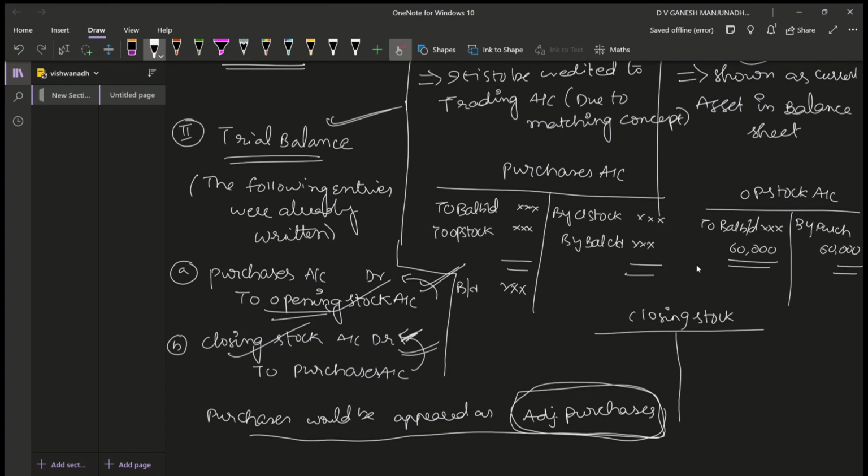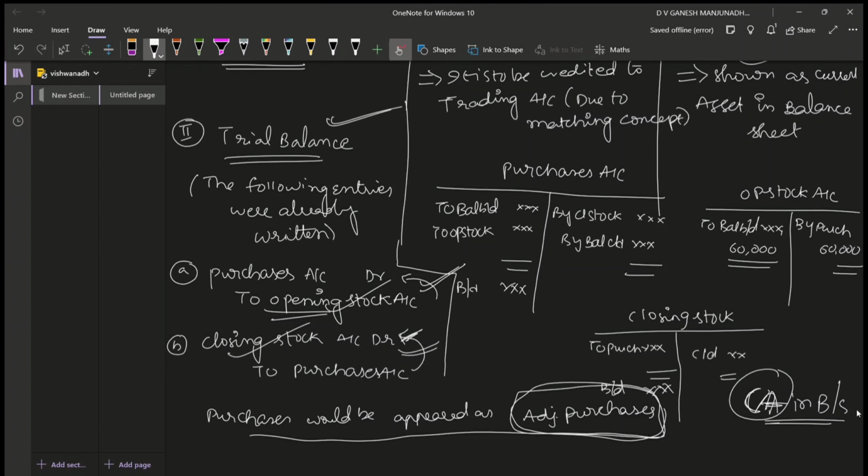When the balance of closing stock appears to purchases, carried on balance would be there, brought down balance will also be there. As it is having a debit balance, we need to show this as a current asset in the balance sheet.